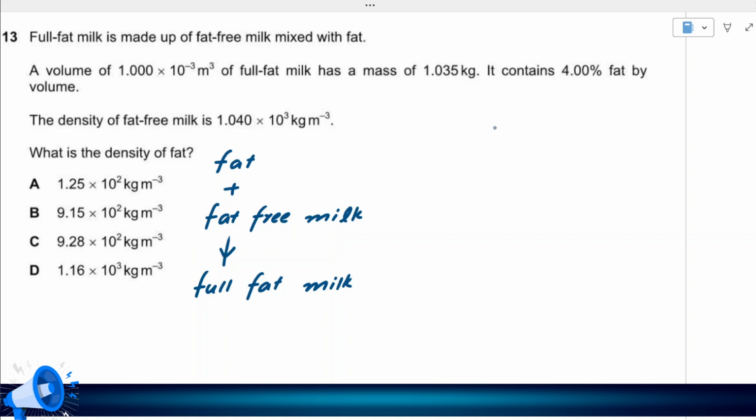We need to find the density of fat. So the density of fat would be mass of fat divided by volume of fat.